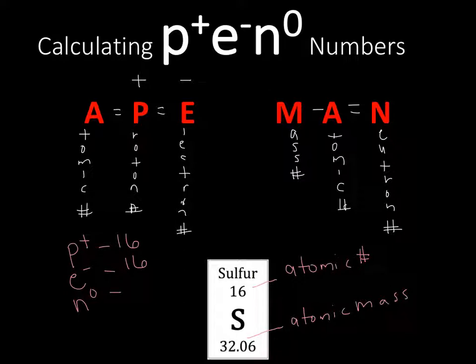And then we're going to subtract from that the atomic number. So we're taking the bottom number, rounding it to the nearest whole number, and subtracting the top number from it. And that gives us 16. And that is how we calculate pen numbers.